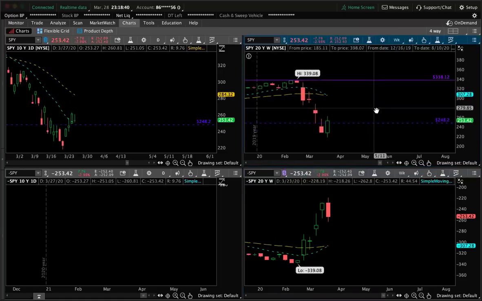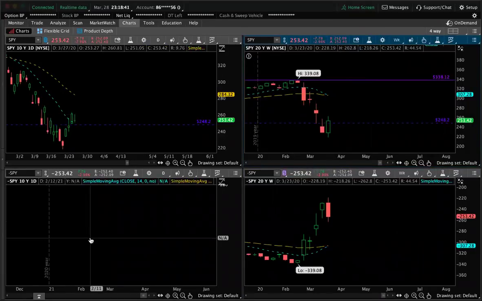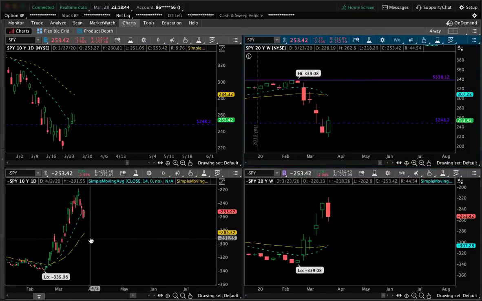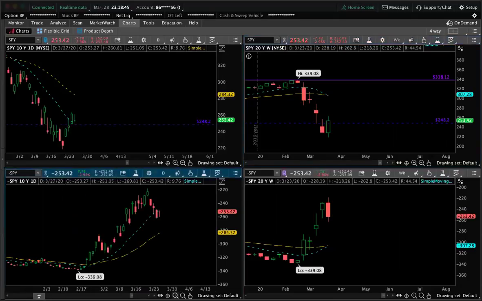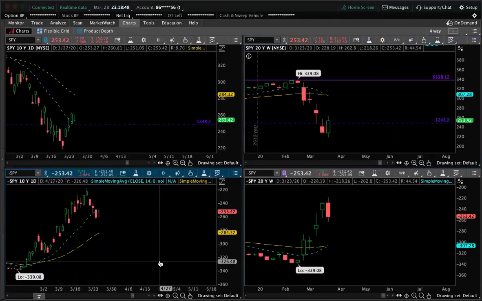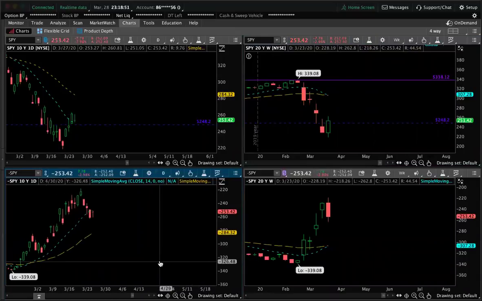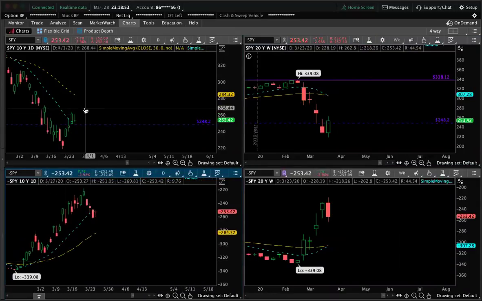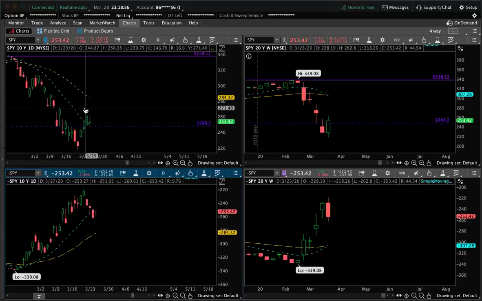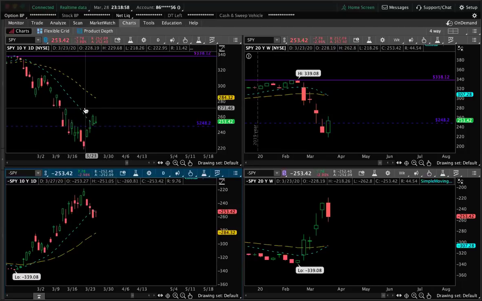Okay. Same goes for this one. Perfect. Better. Kind of want to bring it over here using the low and using the high here. Get them lined up as possible. Perfect. Okay.